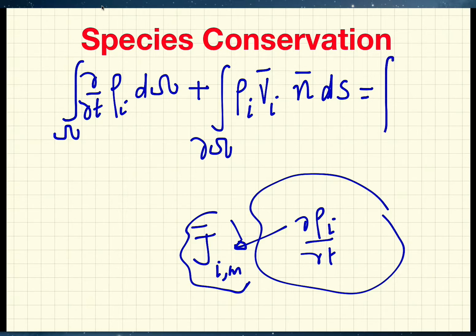And whatever is produced inside the volume is expressed as a volume integral, with the production rate is r sub I, dot is because it's a rate, this is a time rate, triple prime because it's per unit volume, d omega. So this is the chemical rate of production of species I.